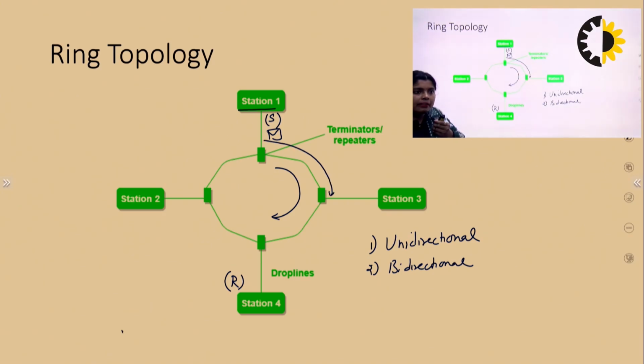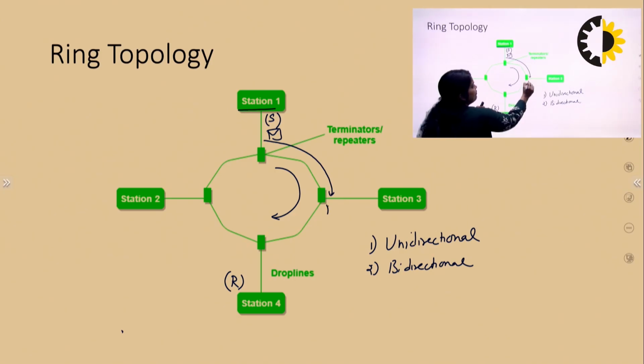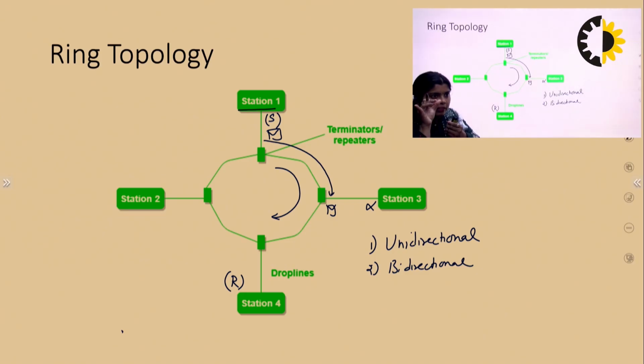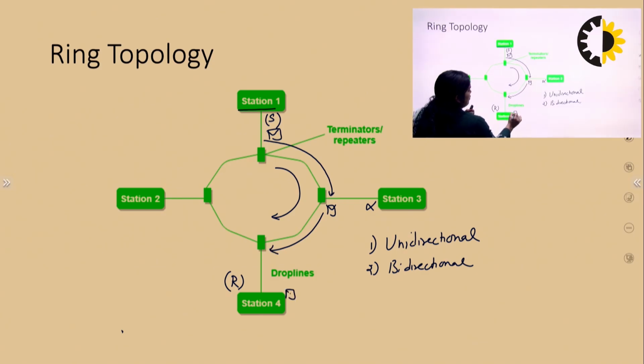What will happen at station 3? This packet will be discarded because the destination address mismatches. After that, it goes on here and matches. Now if there is a response, the response goes around like this.